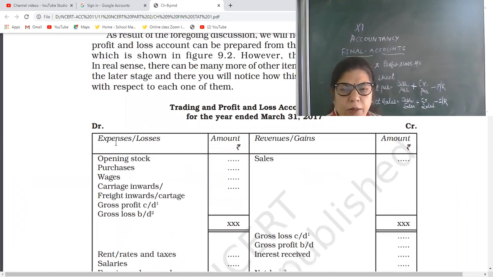This side is debit, this side is credit. To opening stock, to purchase less returns, to wages, to carriage inward, to freight inward, to gross profit carried down. By sales. If the figure remains this side, that will be termed as gross loss. Okay, gross profit is transferred this side and gross loss is transferred this side.